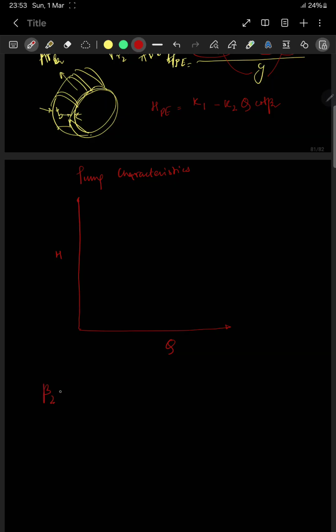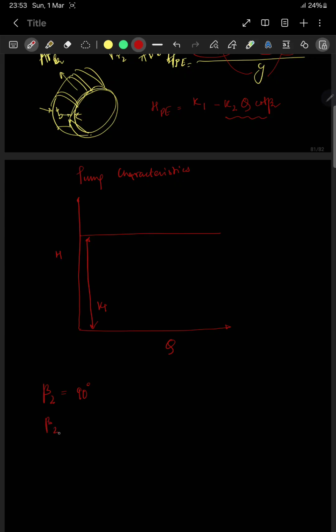Beta 2 is the blade angle. When beta 2 equals 90 degrees, this term is 0. So it's a straight line where this is K1, right?